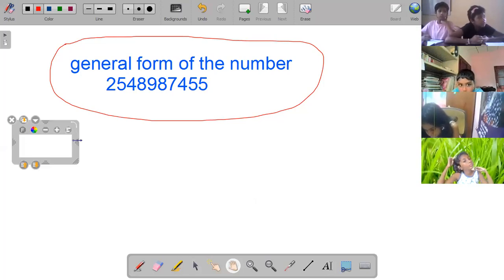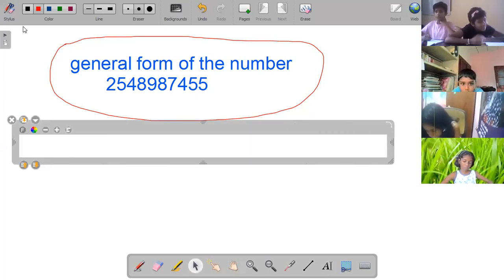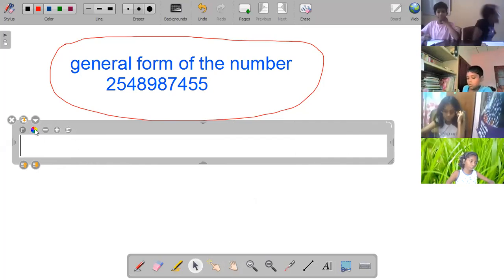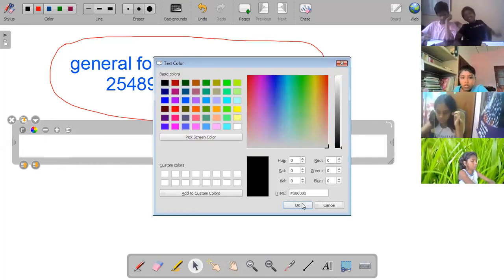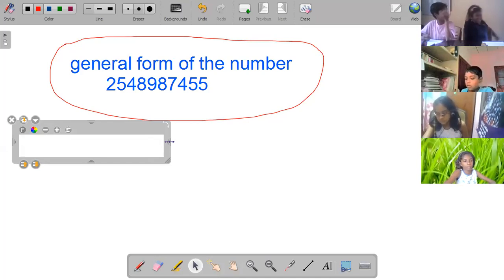You write down this question in your book. Write the question.